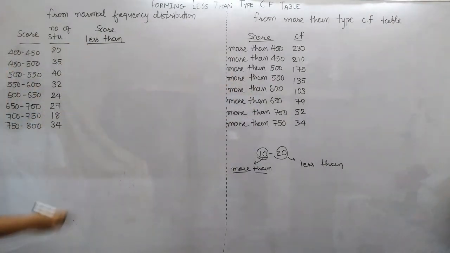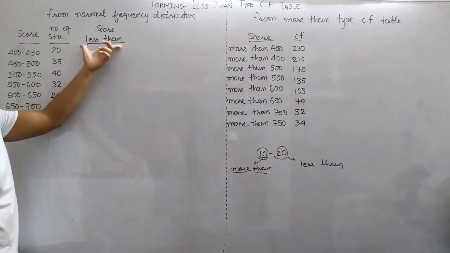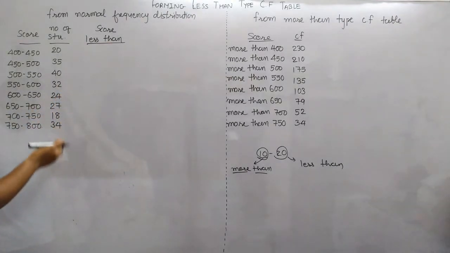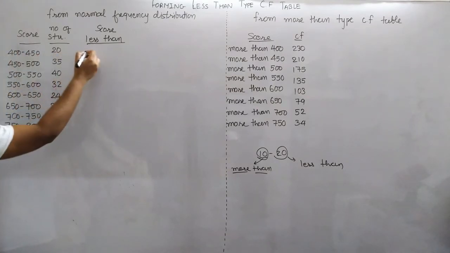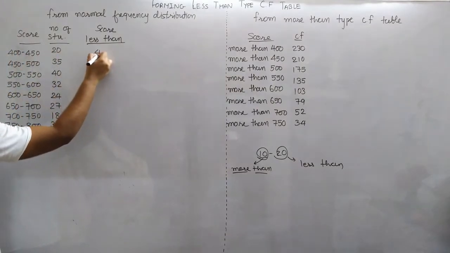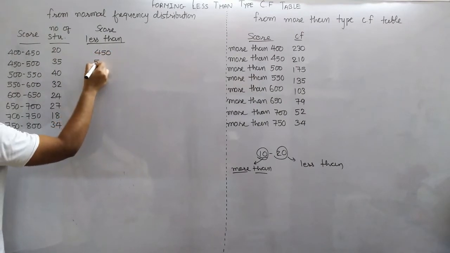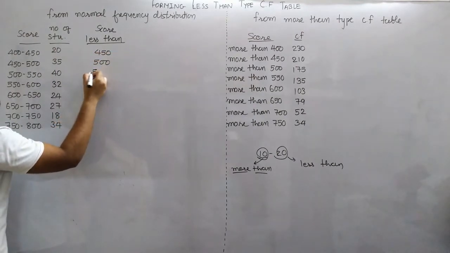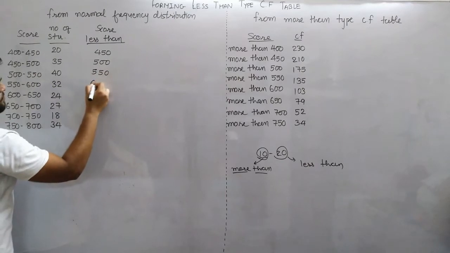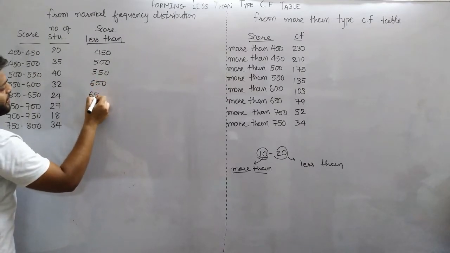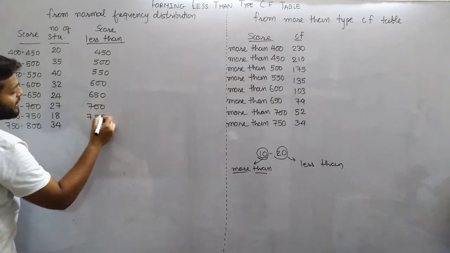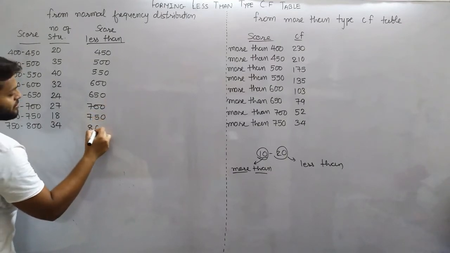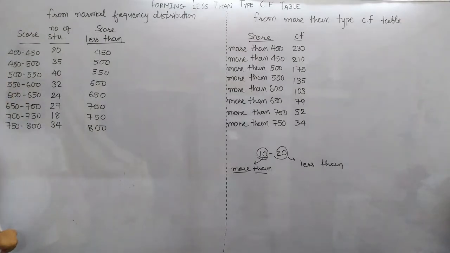So here when I am taking less than, I always have to take the upper limit of the class, that is first 450, then 500, then 550, 600, 650, 700, 750, and last 800.